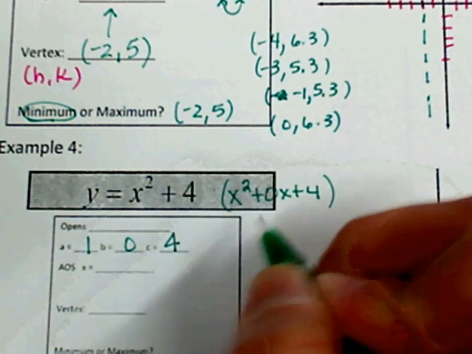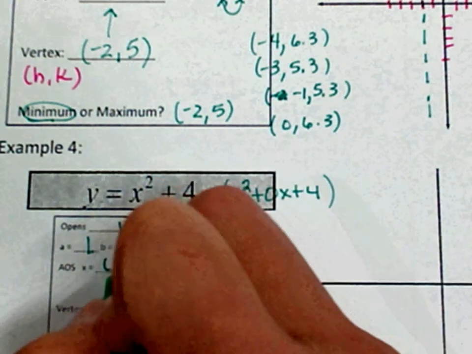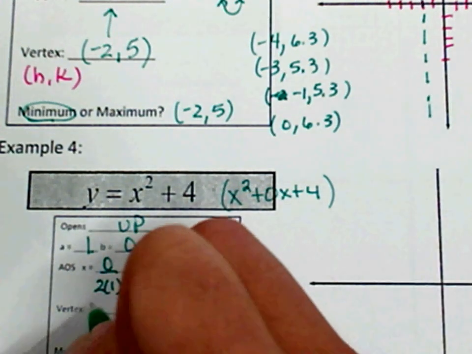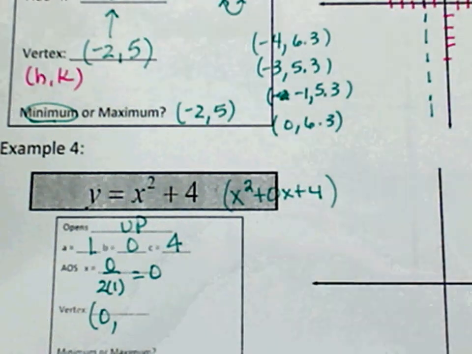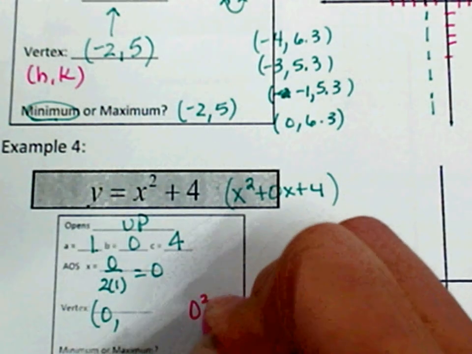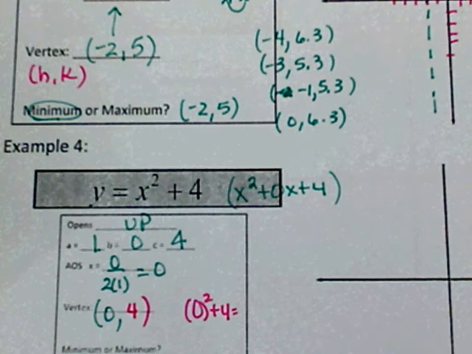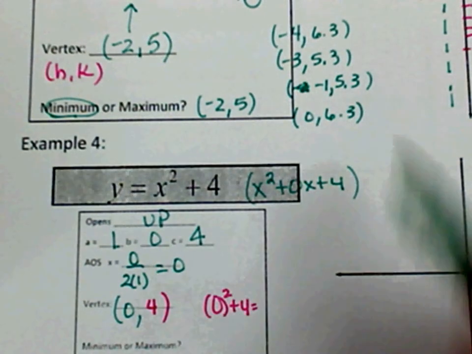Axis of symmetry, 0 over 2 times 1 is 0. Your vertex is 0, comma, okay, let's type it in. Here's your work. 0 squared plus 4 comes out to be 4. Just like that, okay? Now just plug it back in. It opens up, so you're going to have a minimum at 0, 4.